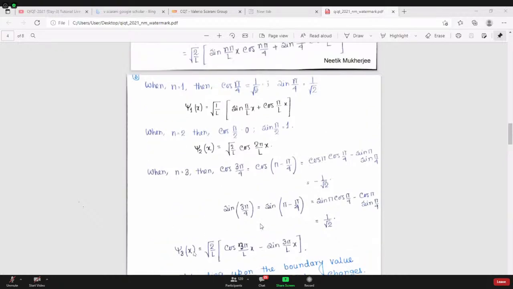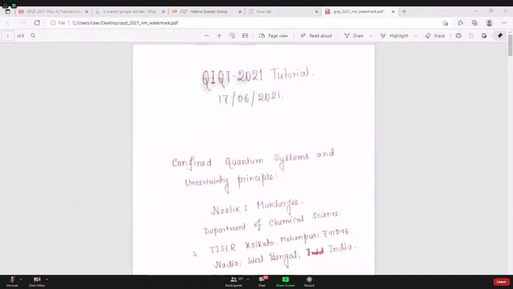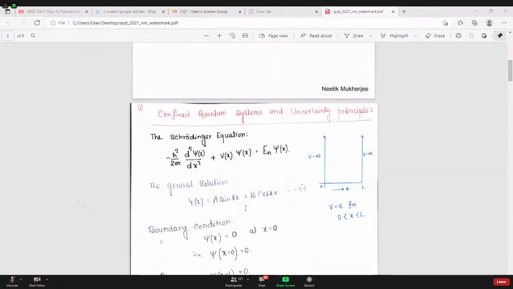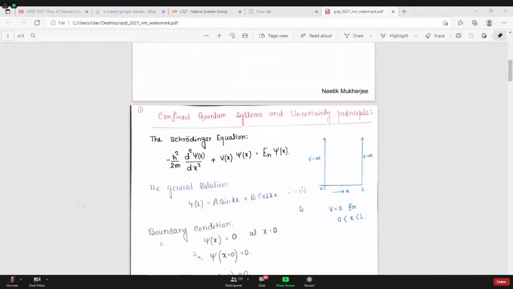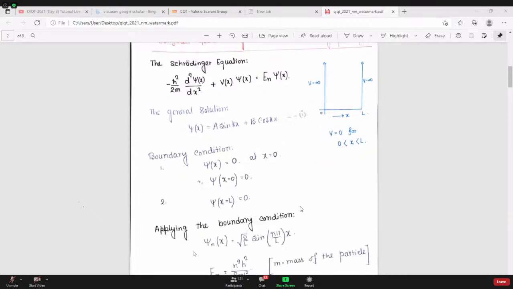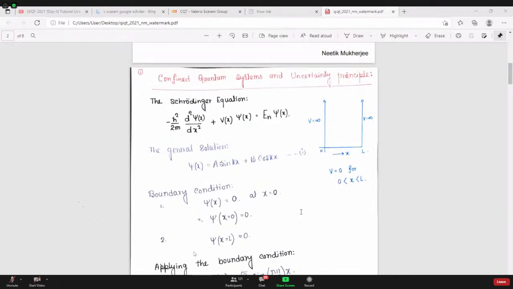So, in a broad sense, if we compare with the general solution given in equation number 1, it is very clear that the solution of the particle in a box is a combination of sine function and cos function, and the values of A and B modify the function into either sine form, cos form, or their combination.